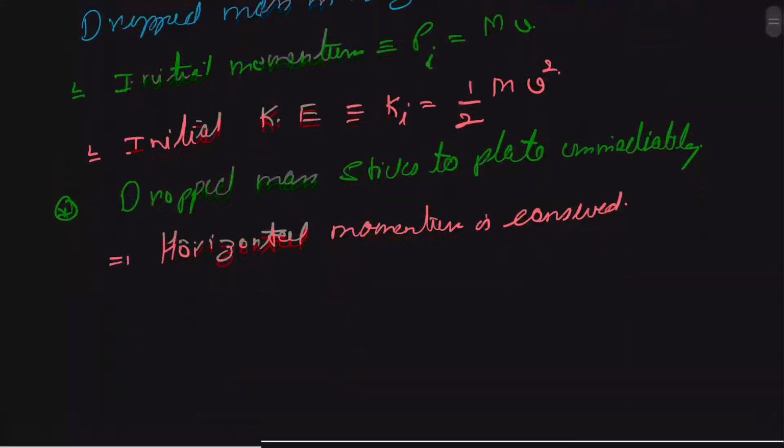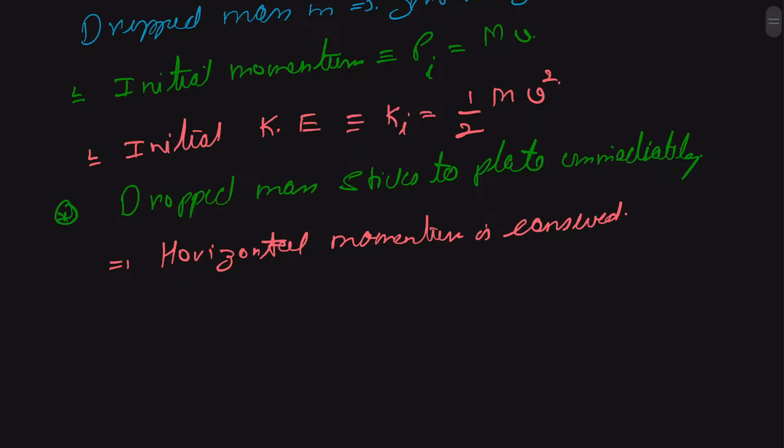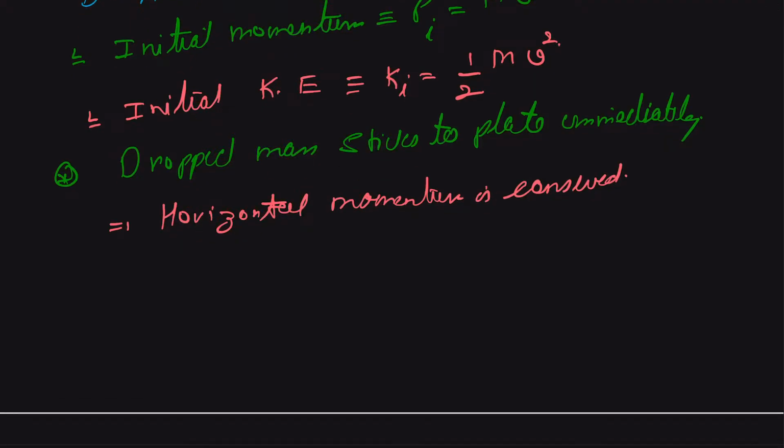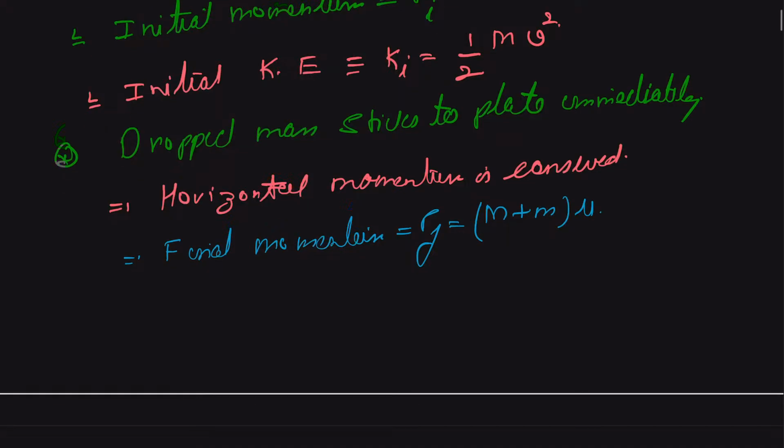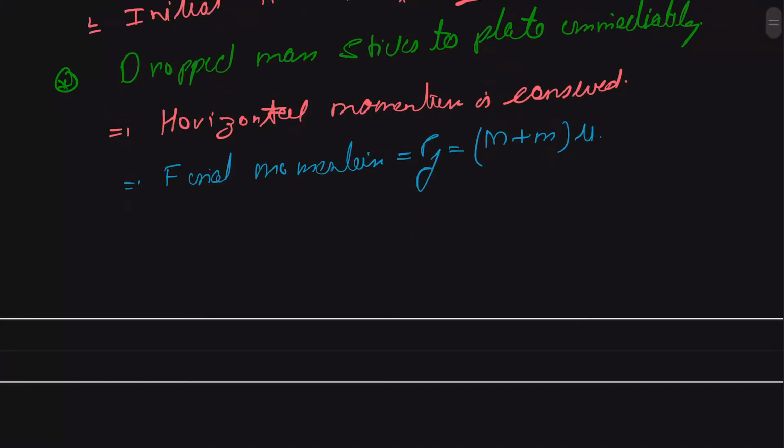So the final momentum will be equal to M plus small m times u. You can say that our final momentum, that is P_f, will be equal to M plus small m times u. And then we can use the conservation of momentum.